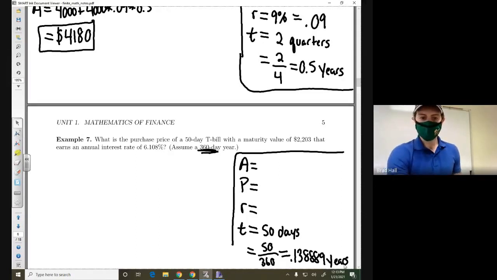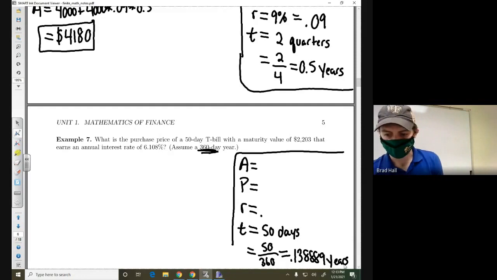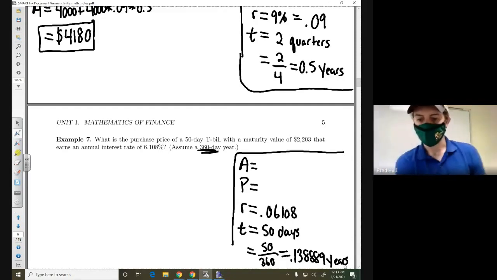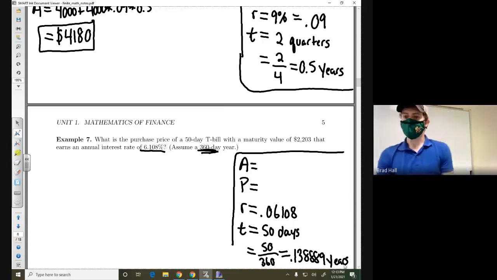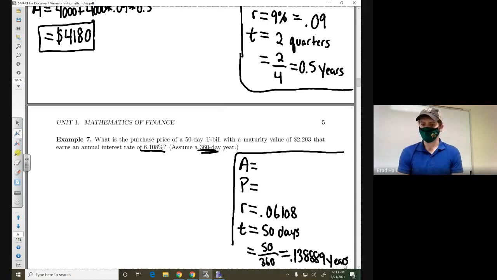Okay, the rate, I'm just going to go ahead and convert the rate in one step: 0.06108, because they do tell us that the rate is 6.108%. I can move the decimal place over twice to the left, and that's why I have the conversion already there.